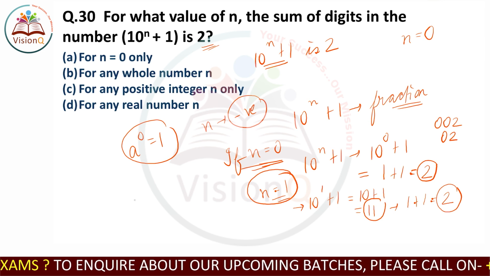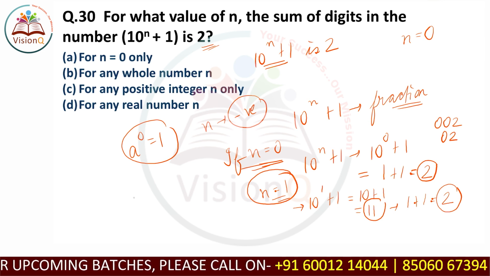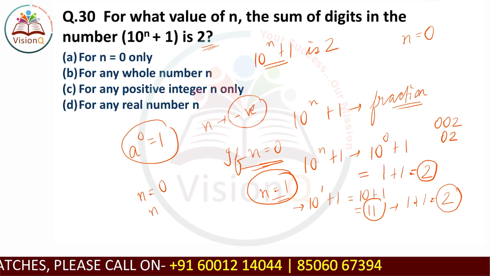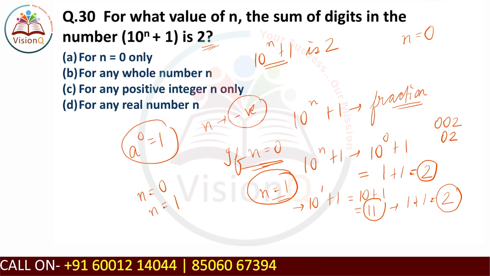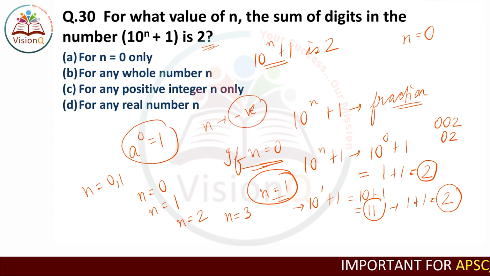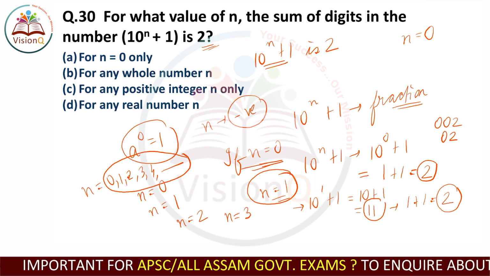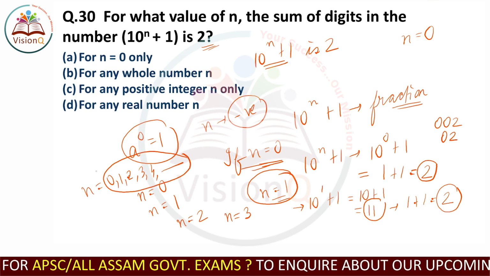That means this sum equal to 2 is satisfied if n equals 0, if n equals 1, and similarly for n equal to 2 also, n equal to 3 also. That means n can be 0, 1, 2, 3, 4 and so on. That means any whole number.